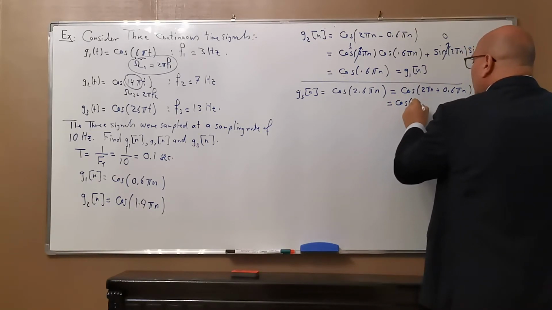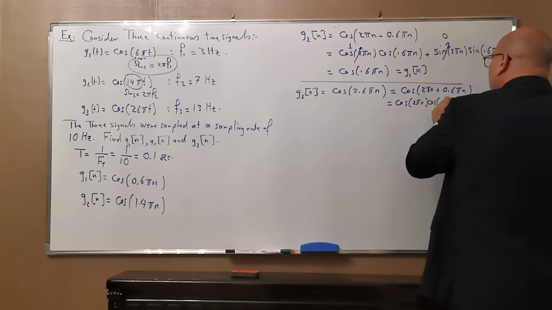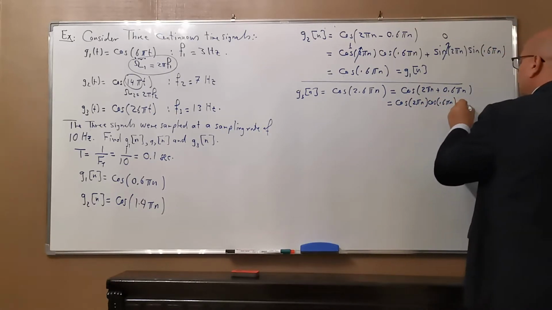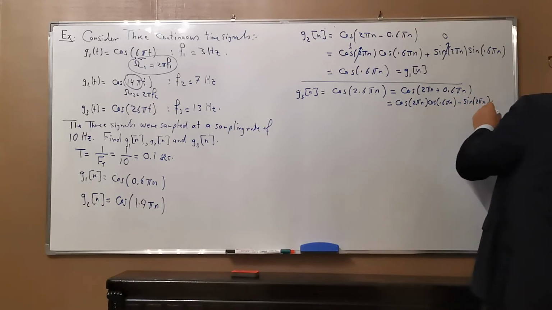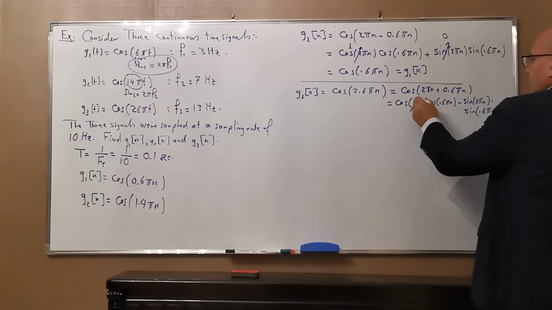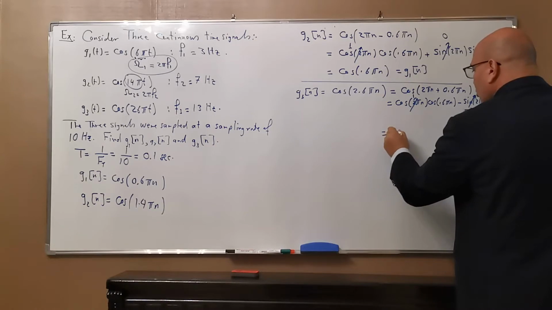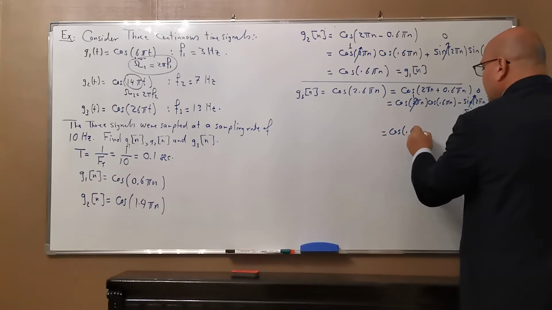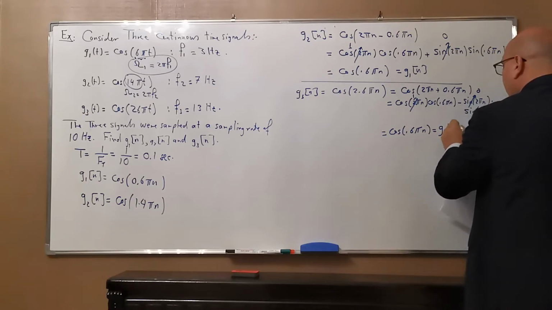So you have cosine 2 pi n cosine 0.6 pi n minus sine 2 pi n times sine 0.6 pi n. This one here is 1, this one here is 0, so you end up with cosine 0.6 pi n, which is equal also to g1 of n.